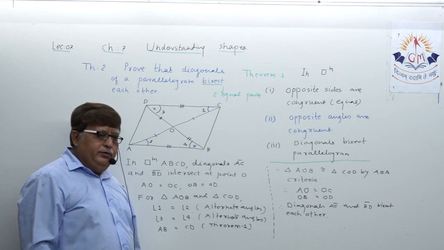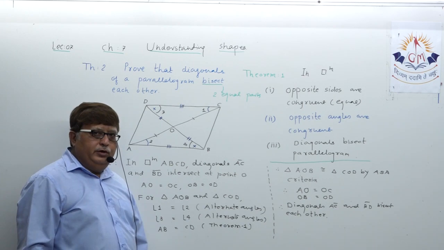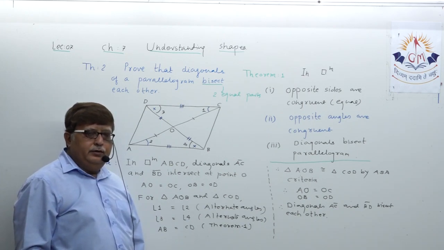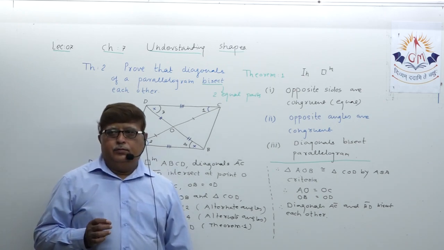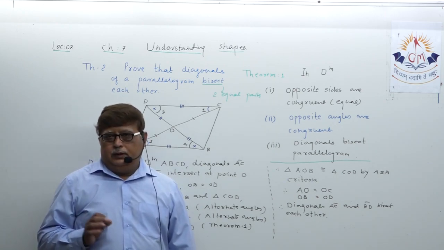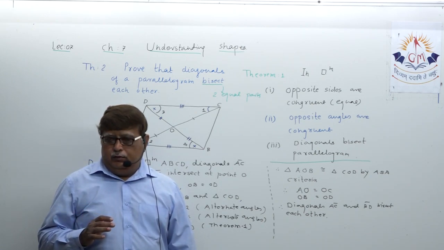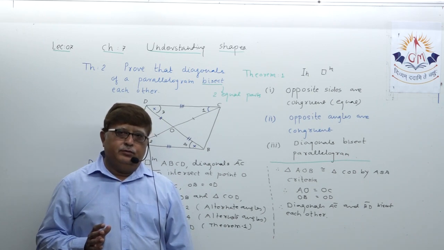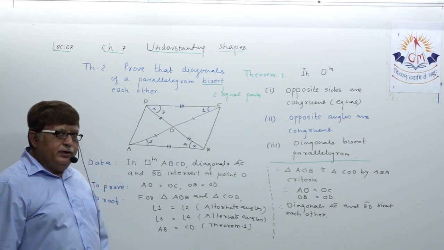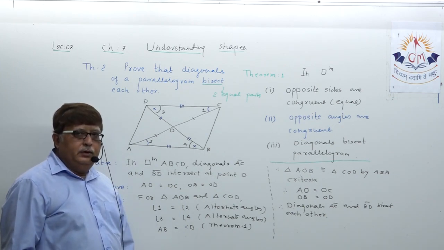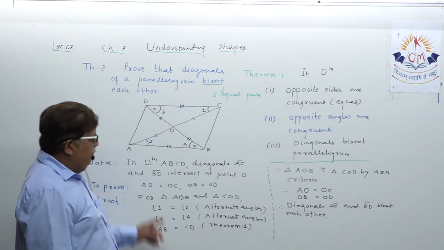Just revision. In exam, you will be given only this: Prove that diagonals of a parallelogram bisect each other. This is the only statement in exam. First, before I started this theorem, I explained how you can gather the concept.